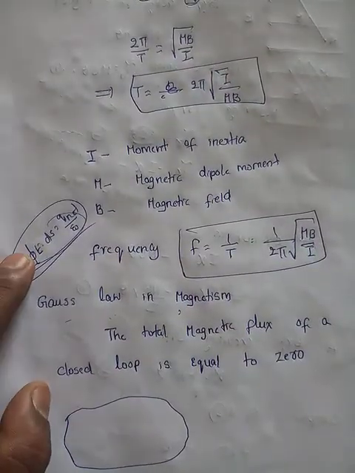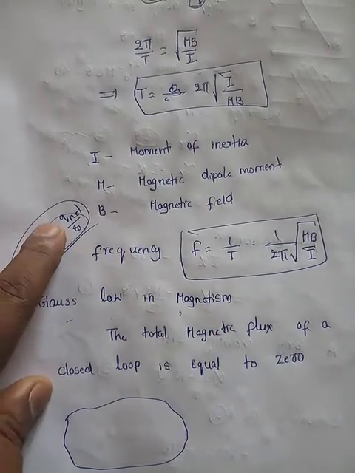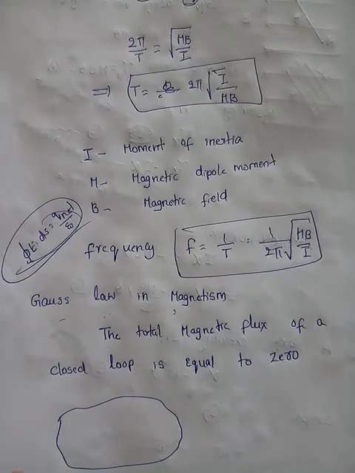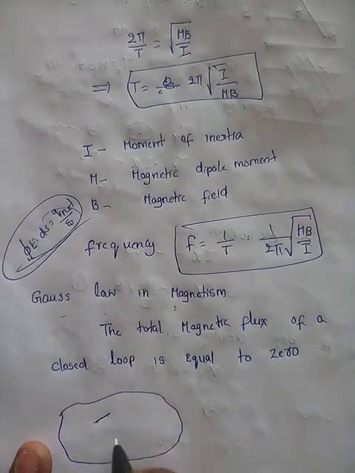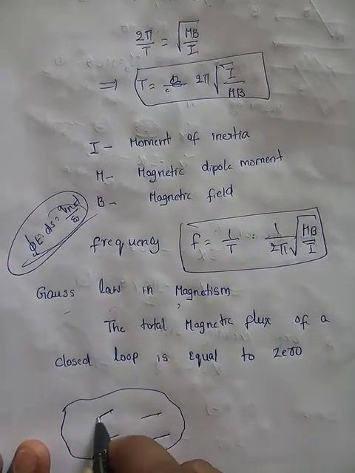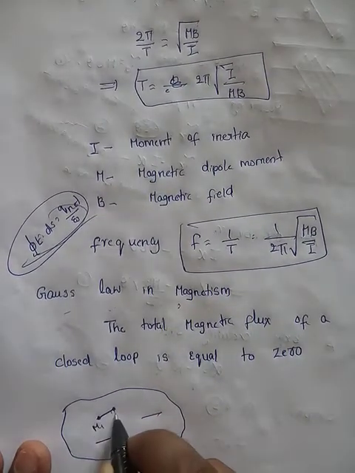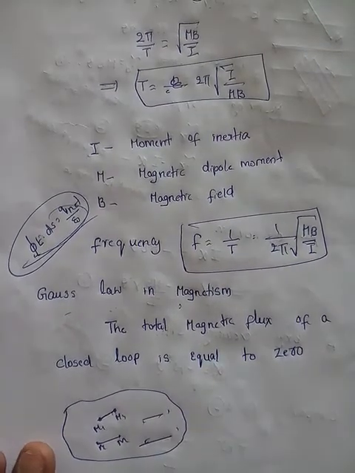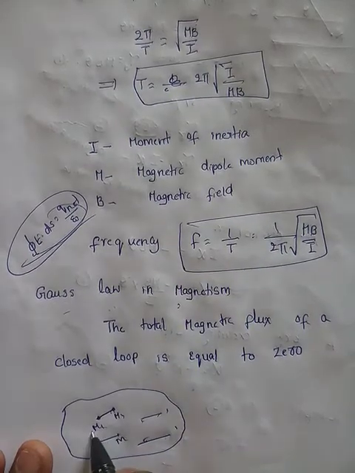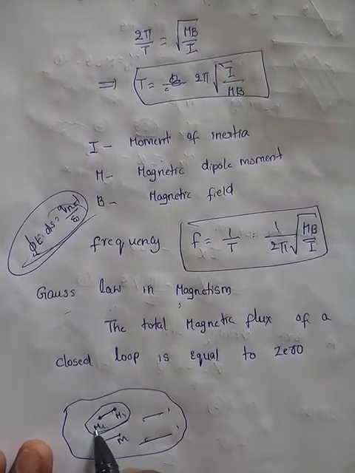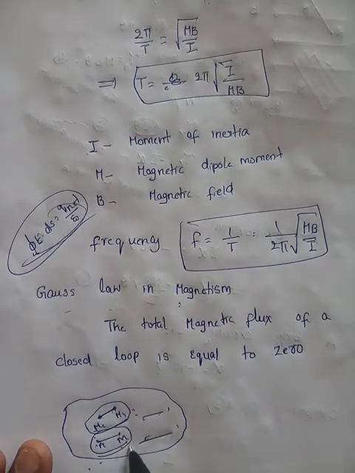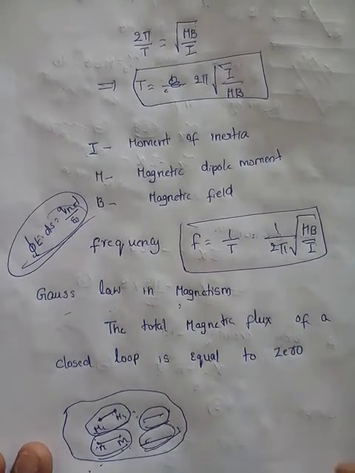So, let us assume the same formula with pole strength: E is replaced by B, dS is dS, net charge is net pole strength, and epsilon is replaced by what? Mu naught. If we take bar magnets of different strengths, what happens? All have two poles, because monopoles cannot exist. What is the net pole strength of this bar magnet? Both have the same pole strength but in opposite directions. This one also has the same pole strength. This also has the same. So what happens now?